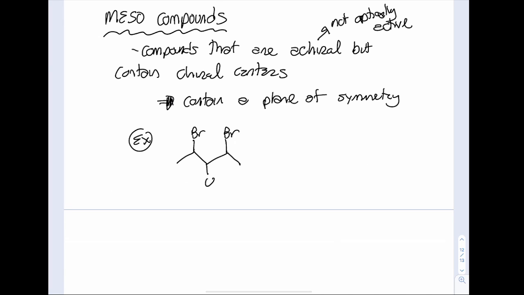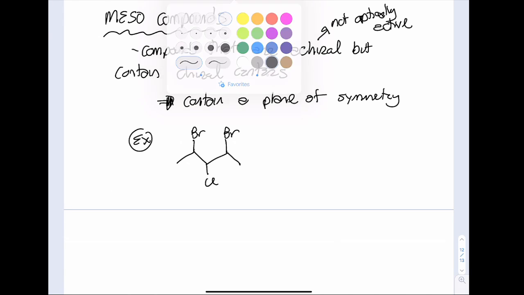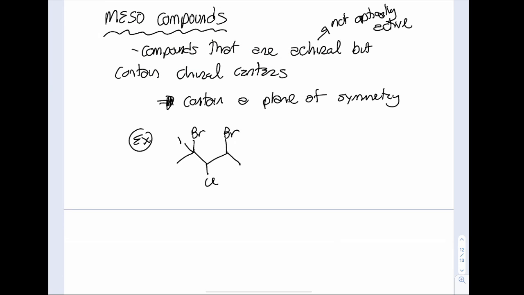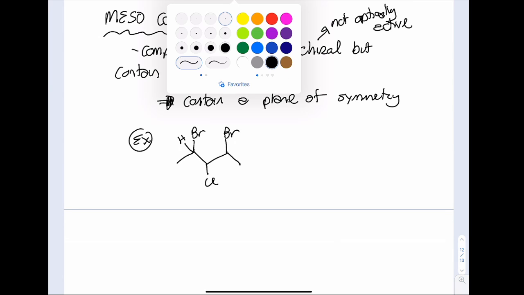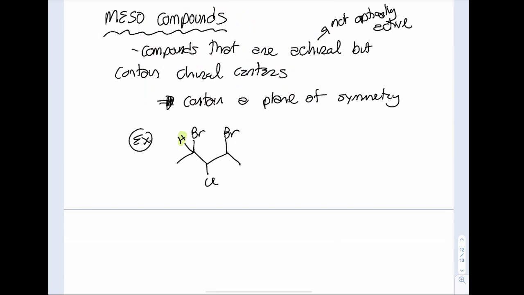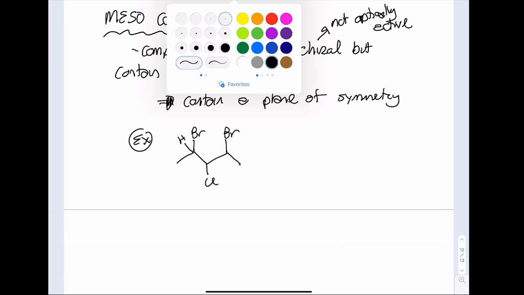Let's stick a chlorine in the middle for fun. If I look at this one, I do have two chiral centers, right? That carbon is bonded to hydrogen, a bromine, this methyl group, and then this whole part of the molecule. So it gets an asterisk.